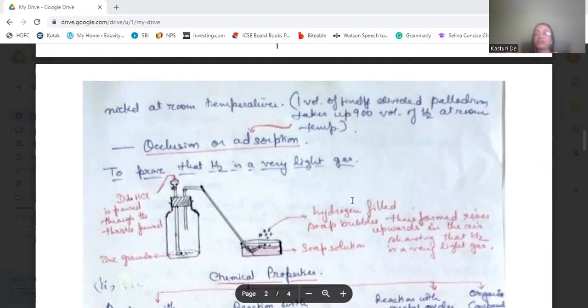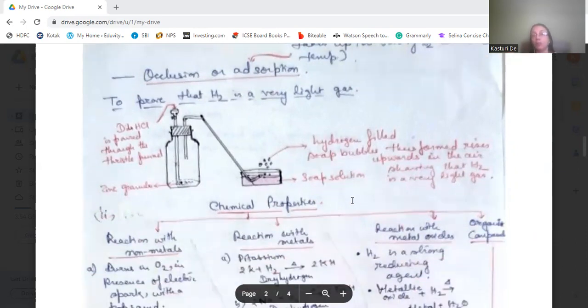So there is an experiment to prove that hydrogen is a very light gas. It is the lightest gas, as I told you. To prove that this is the lightest gas, there is an experiment to show that.